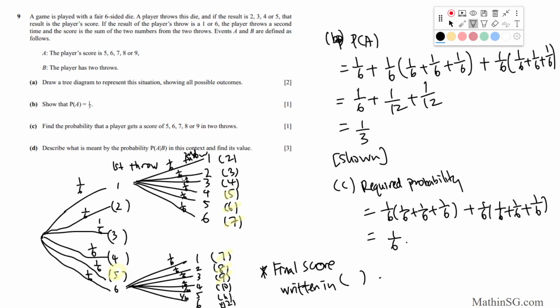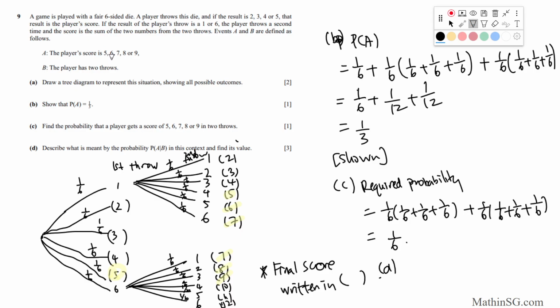Okay, next, D, describe what is meant by the probability A given B in the context and find its value. So what is A given B? A given B means the probability of A occurring given that B has occurred, right? So what is A? A means the player gets a score of 5, 6, 7, 8, or 9.